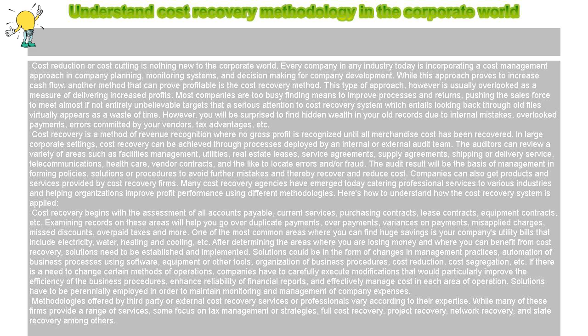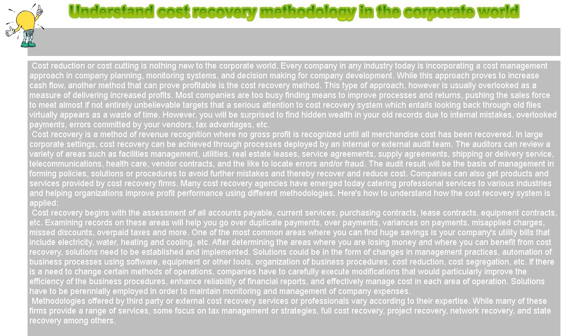One of the most common areas where you can find huge savings is your company's utility bills that include electricity, water, heating, and cooling, etc. After determining the areas where you are losing money and where you can benefit from cost recovery, solutions need to be established and implemented.